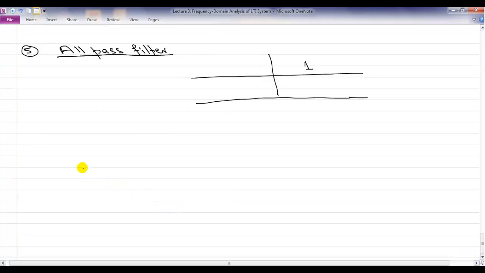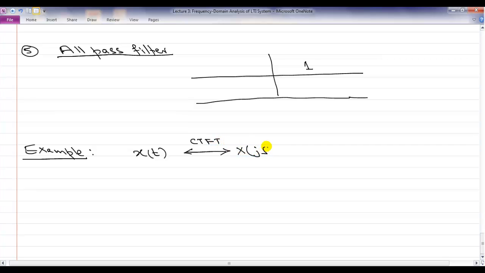Just to give you an idea, let's say an example. I have an x of t signal, and if I look at its Fourier transform, then the Fourier transform looks like this. Its amplitude is 3, and it extends from minus 2 pi 1000 to 2 pi 1000.